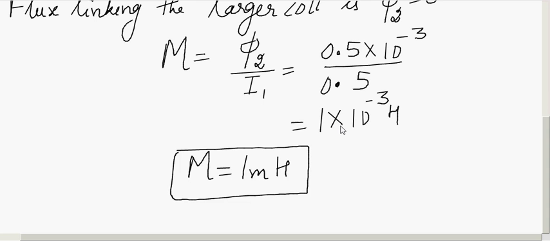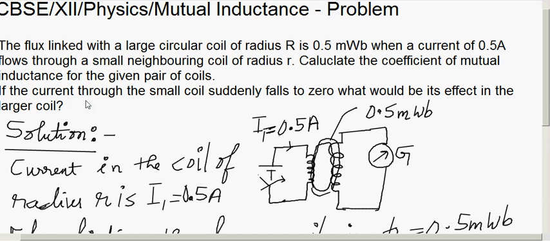The second question is, if the current through the small coil suddenly falls to 0, what would be its effect in the larger coil? We know that when the current falls suddenly to 0, the flux also falls to 0. That means the flux decreases quickly, and hence an EMF gets induced in both the coils.